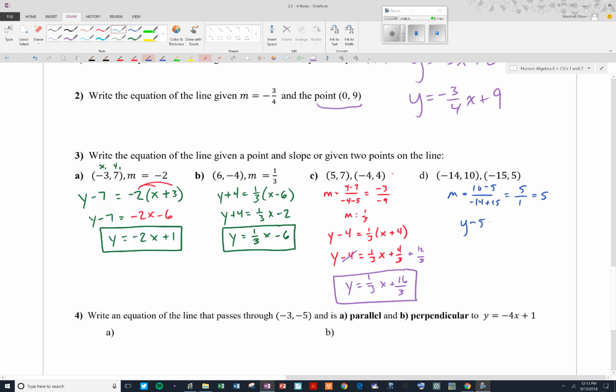I'm just going to pick that second one. And we just put it in slope-intercept form by solving for y.